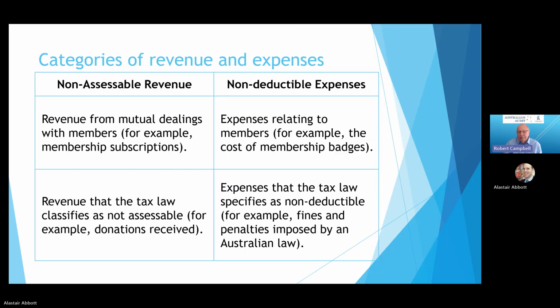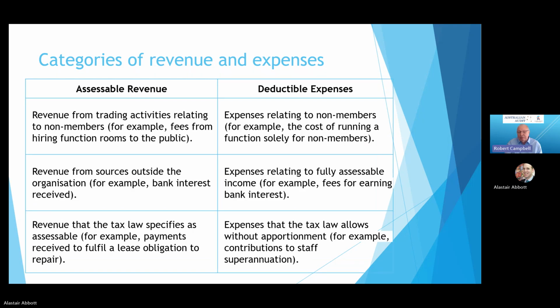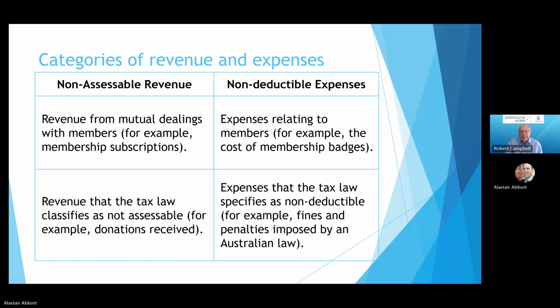Next slide, please. Let's look at the categories of revenue and expenses. Non-assessable revenue is revenue from mutual dealings. For example, memberships. Please go back one. Revenue that the tax law classifies as non-assessable, e.g. donations received.